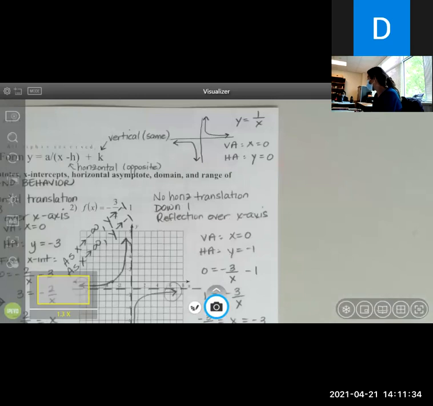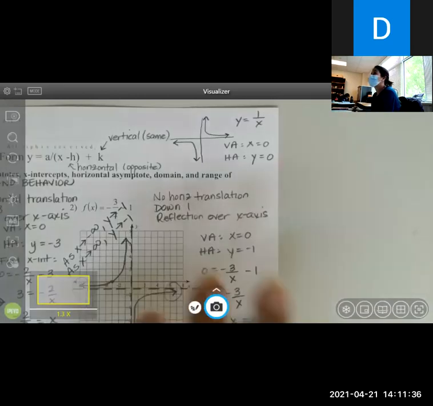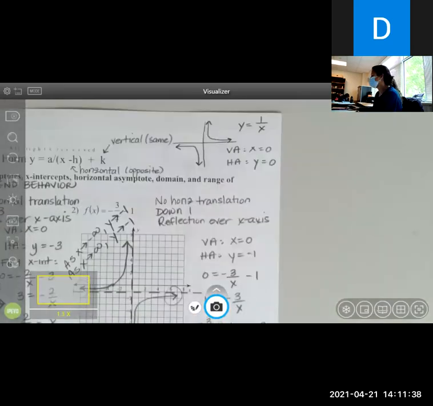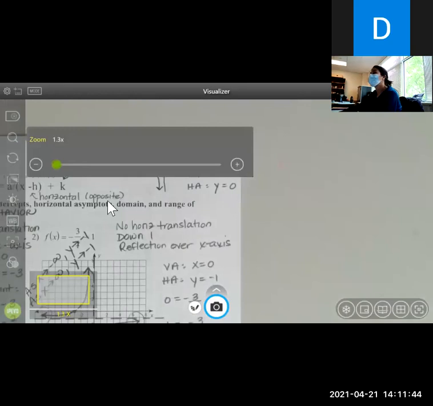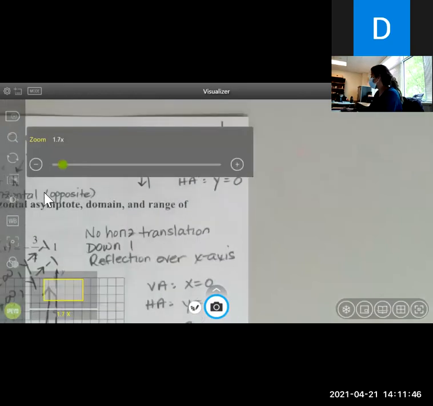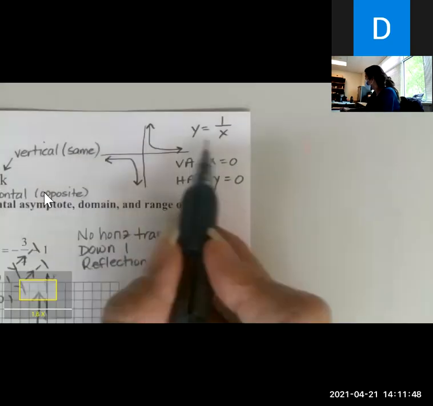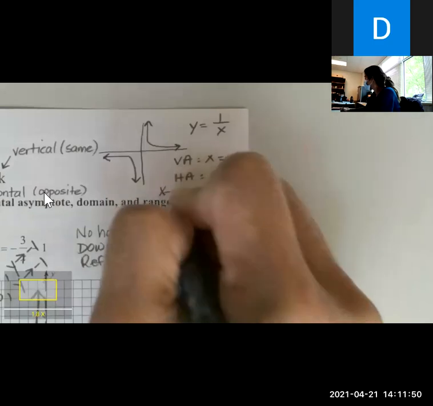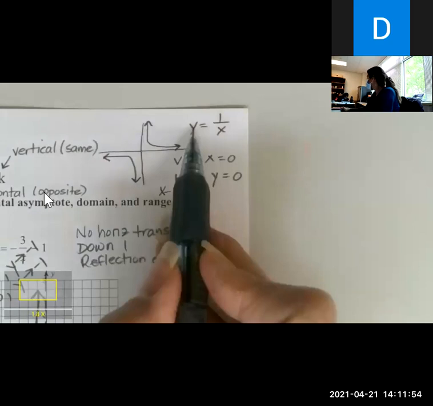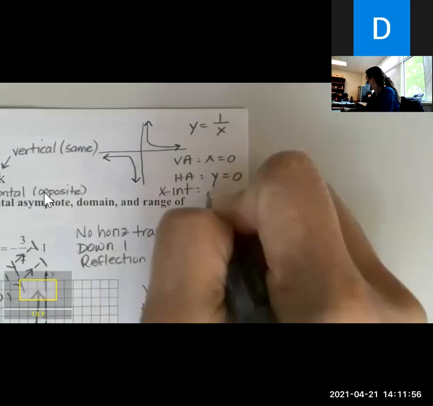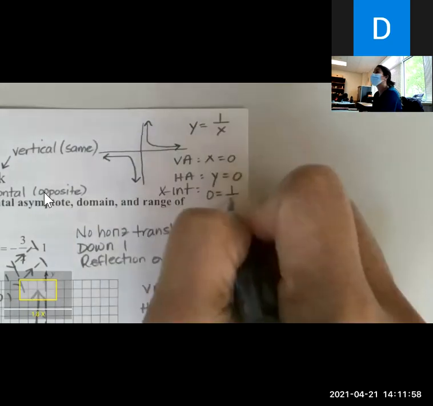Okay, so if you are good there, one thing I want to point out, because you're going to see this in your homework, going back to this parent function, let me bring this to your attention. You won't always have x-intercepts, okay? For this particular problem, if I had asked you to find x-intercepts for a parent function, if I let y be 0, I'm going to have 0 equals 1 over x, right?